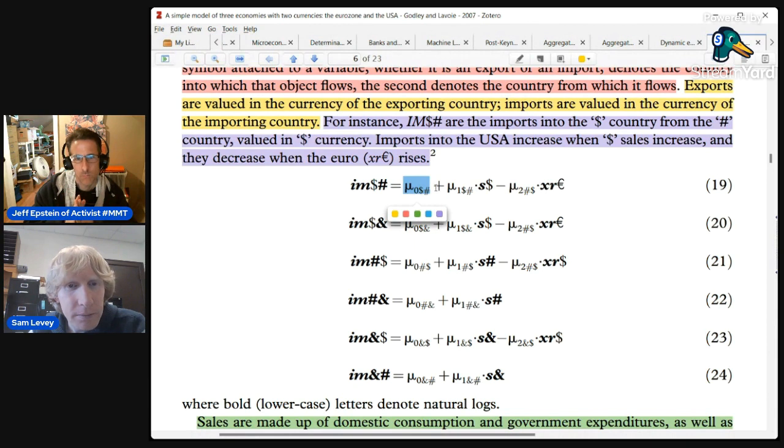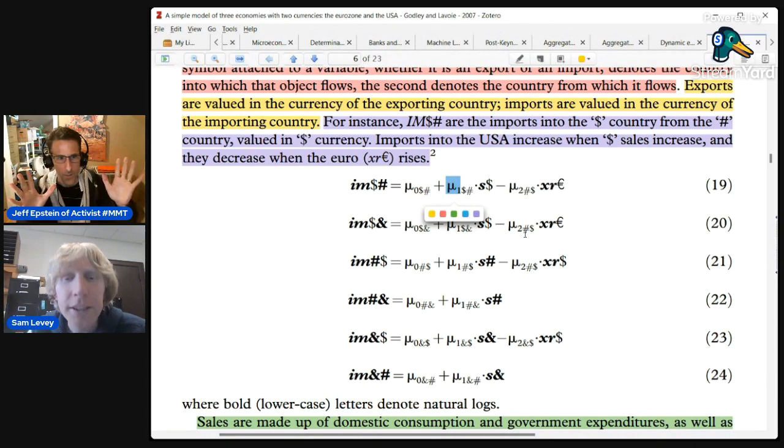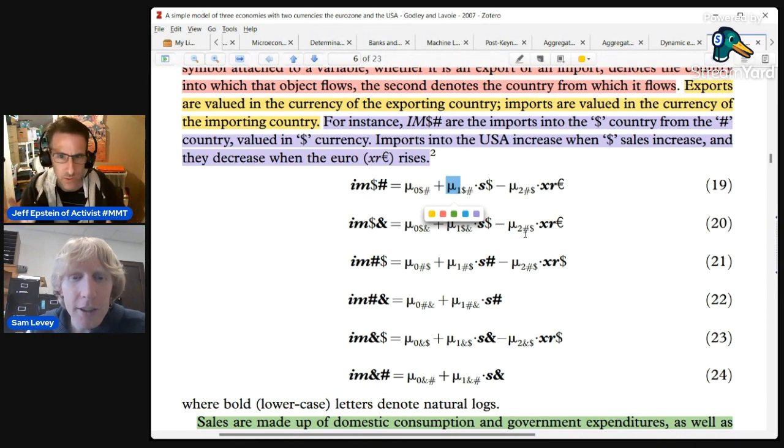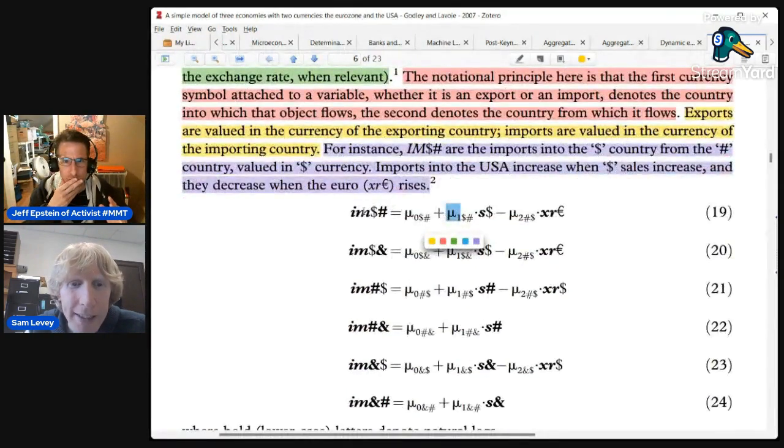Okay. Understood. So that's the first term in every one of these equations. What does the zero stand for? I think this first term is mu0, and then in each one of these equations, the second one is mu1. Okay, so the same thing like alpha 1, alpha 2. They're the same concept, but they might be different values under different conditions. Yeah. I think the alphas are related to consumption, and these mu's are related to imports.